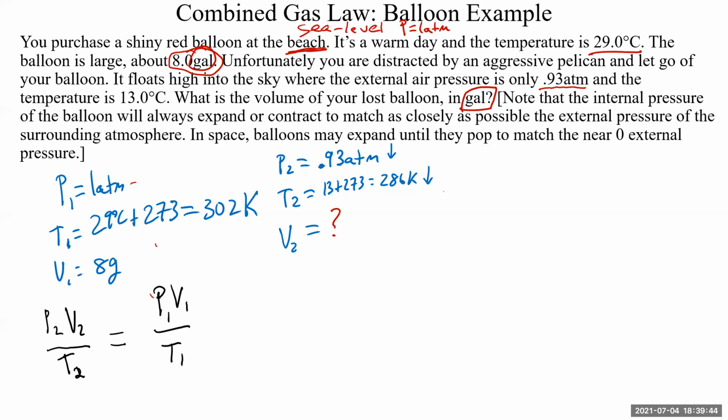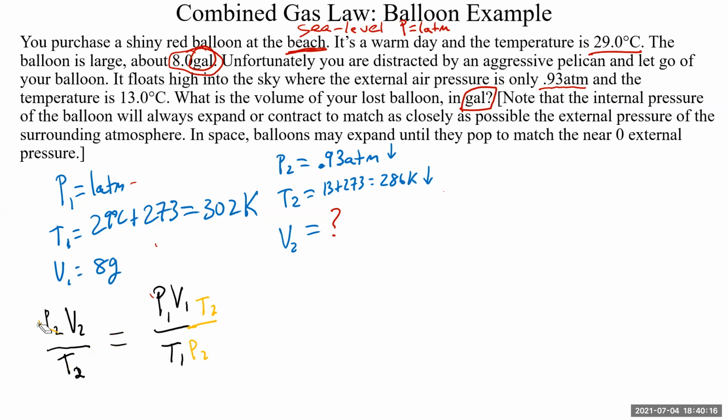Okay, so we want to move the P2 and the T2 to the other side. So we're going to move the P2 over here. We're going to move the T2 over here. Remember, we cross multiply, cross divide. So the T2 goes up, the P2 goes down. You always move diagonally across an equal sign. Or you can just say, I'm going to divide both sides by P2 and multiply both sides by T2.